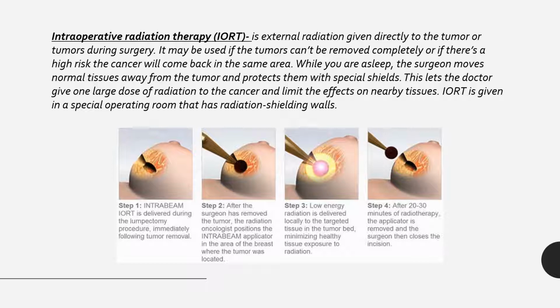In step 3, the lower energy radiation is delivered locally to the targeted tissue in the tumor bed, minimizing healthy tissue exposure to radiation. And lastly, in step 4, after 20 to 30 minutes of radiotherapy, the applicator is removed and the surgeon then closes the incision.